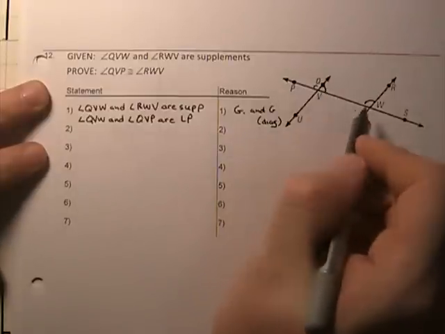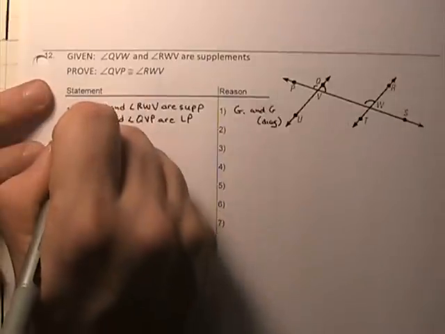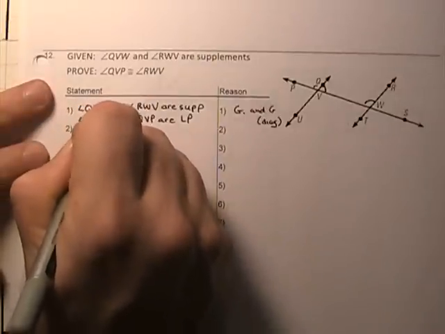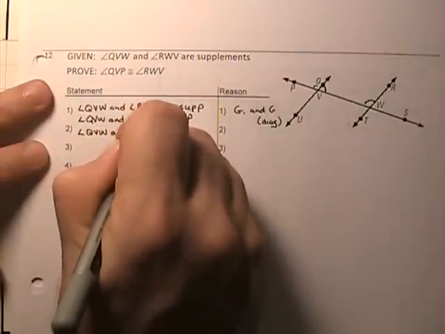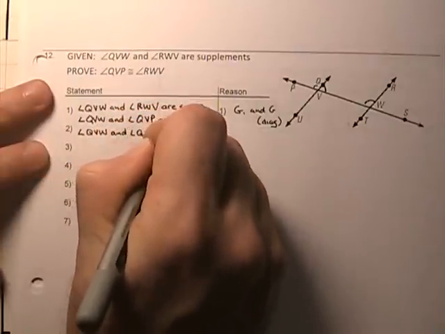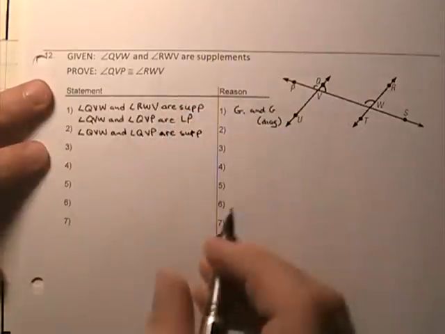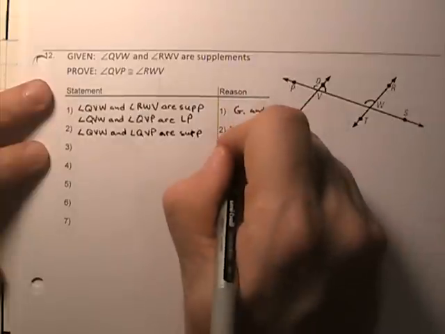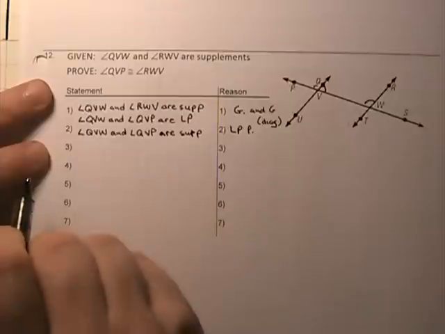Okay, so right there, QVW and QVP are a linear pair. Now I can say that angle QVW and angle QVP are supplements. And the reason they're supplements is because of the linear pair postulate. So angles that are a linear pair are supplements.